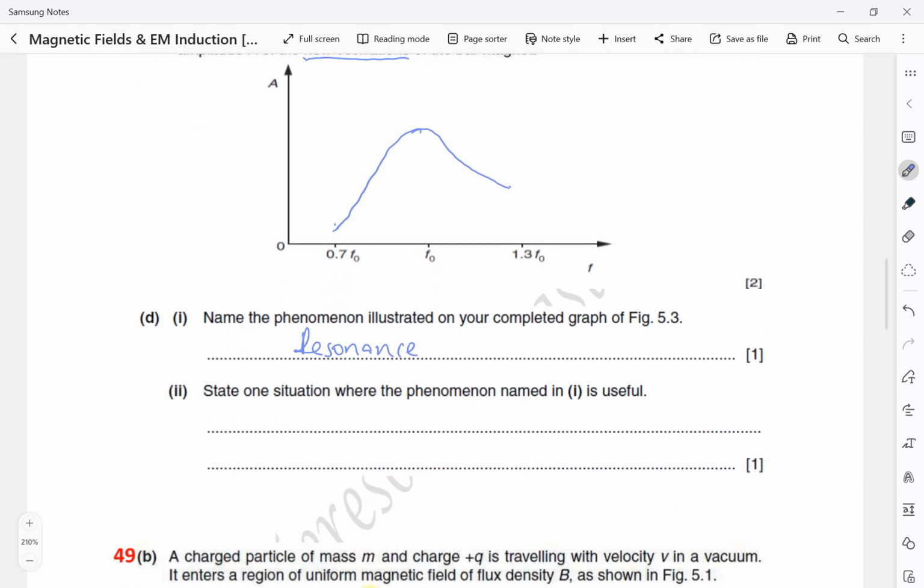State one situation where the phenomenon named in Roman 1 is useful. Applications of resonance. You must have seen this in simple harmonic motion as a topic, oscillations and simple harmonic motion.